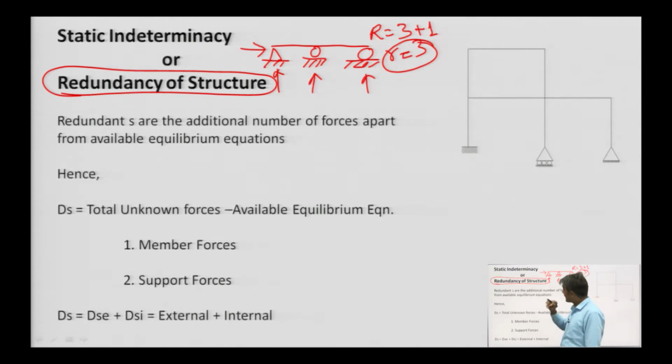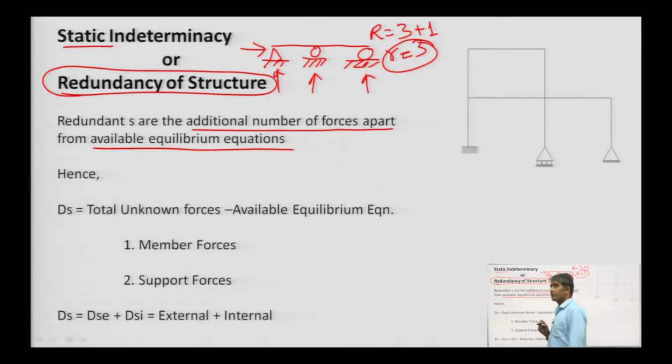So static indeterminacy is related to the redundants of the structure, meaning how many additional equations we need to form to analyze all the forces acting in the structure. Redundants are the additional number of forces apart from the available equilibrium equations.